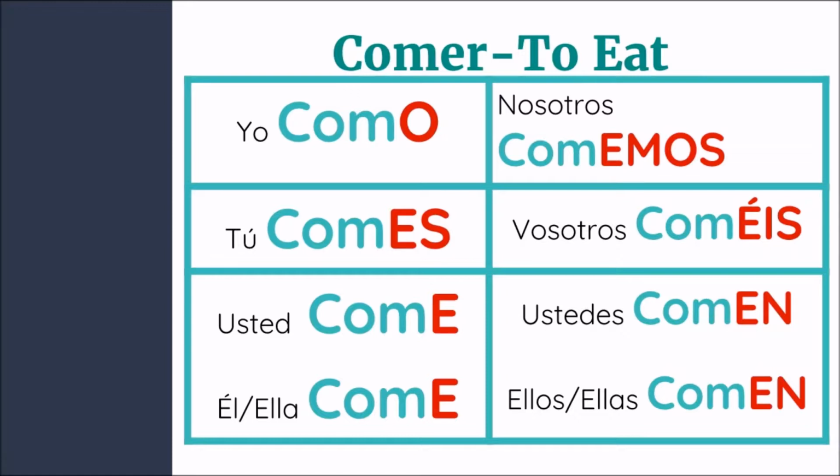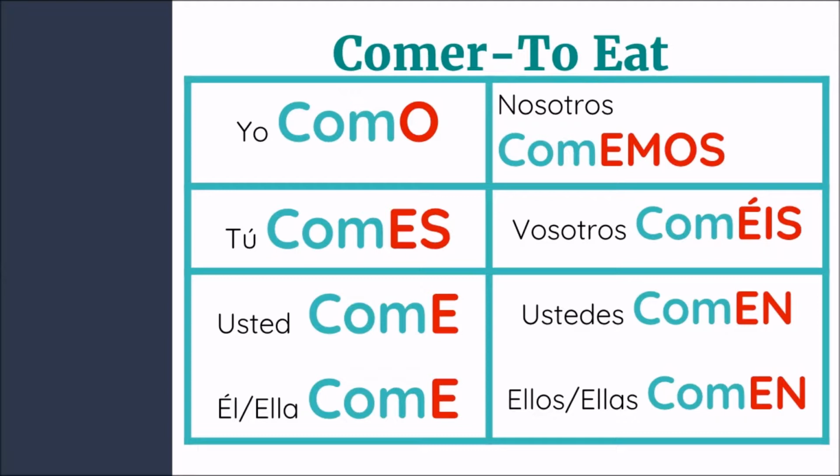For nosotros, or nosotras, you would add emos, E-M-O-S, after taking off the ER. Comemos. That one is pretty fun to say. For vosotros, as you recall, vosotros is just in Spain, and it means you all informally. You would conjugate with an E with an accent, don't forget the accent, and then an I and an S. Coméis.